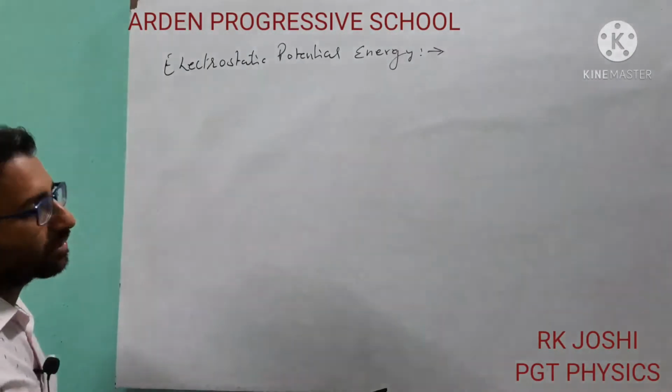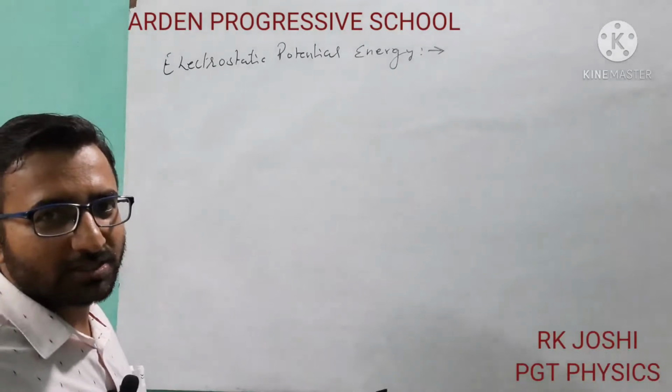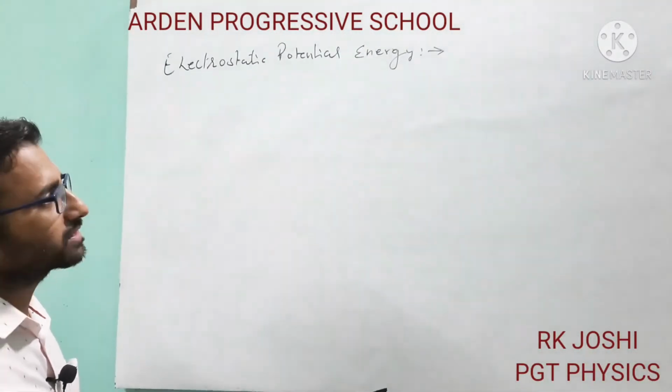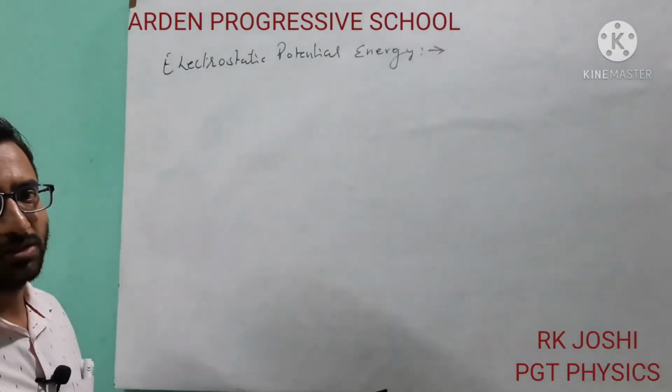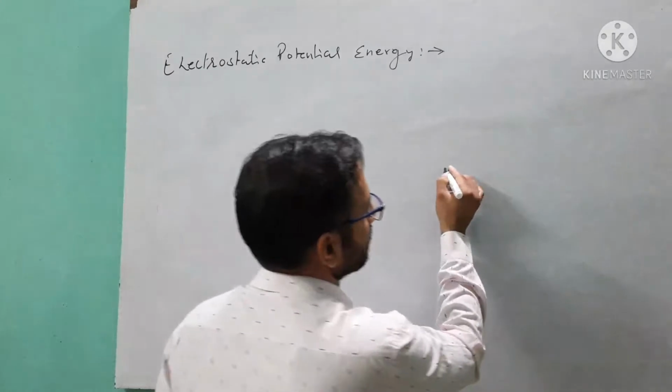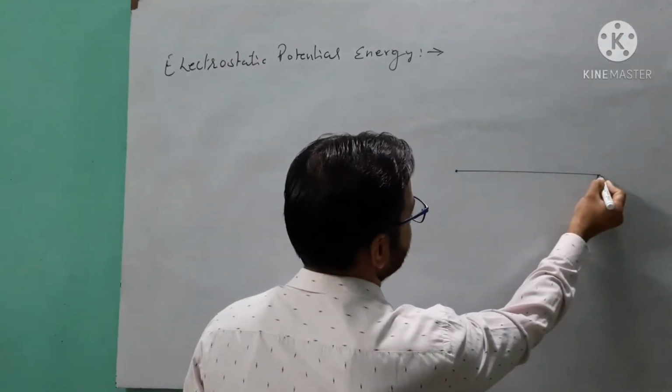When we talk about electrostatic potential energy, it means we are talking about a kind of work done. Which kind of work done? Electrostatic potential energy means that amount of work done. There are many definitions.